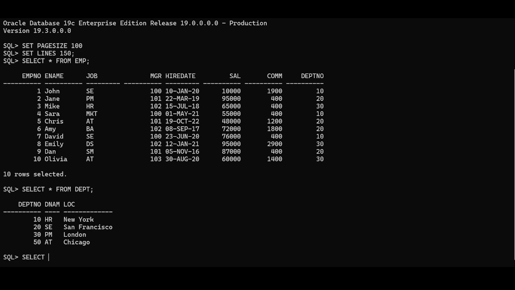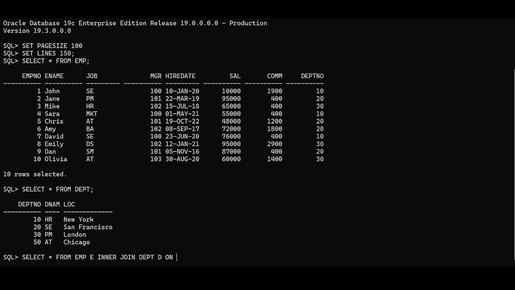I can say select star from EMP. I need to use inner join, followed by DEPT. Let me include the alias names also: EMP E, DEPT D. So E is an alias for EMP, D is an alias for DEPT, right?